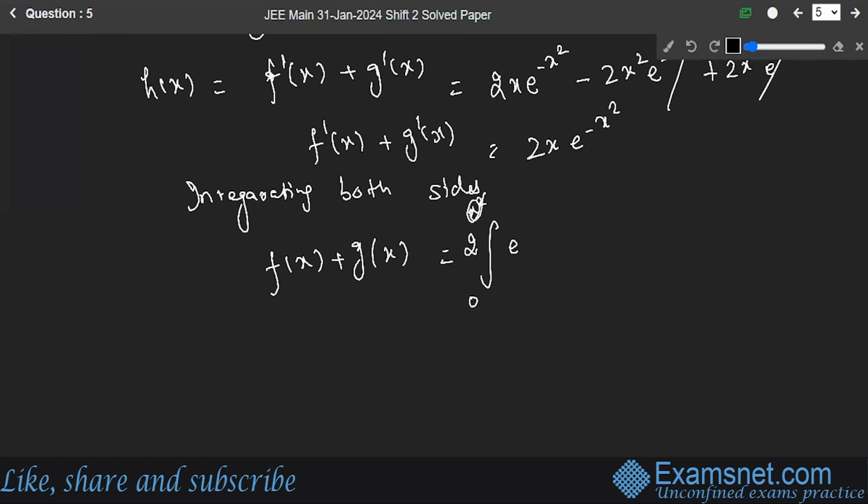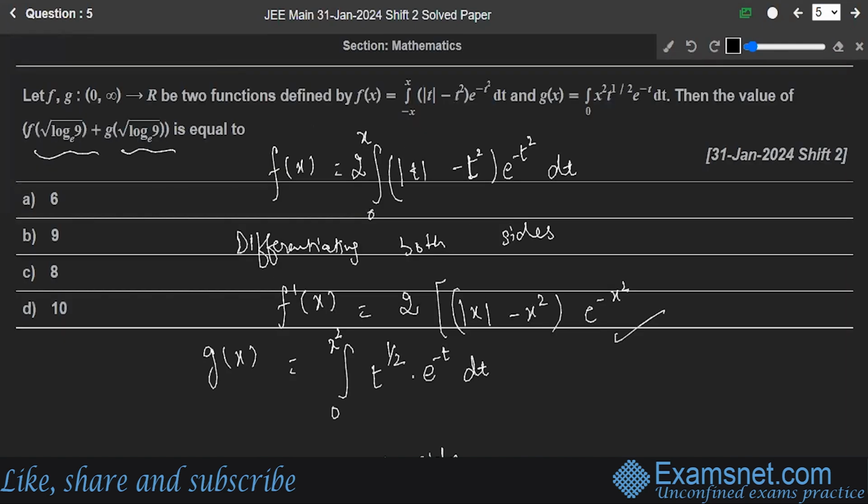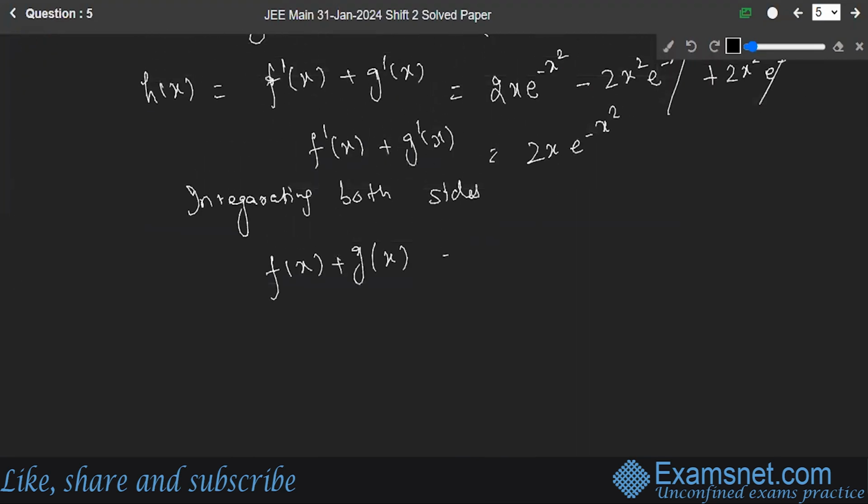Let's say some other variable over here. This will be integral of 0 to some other variable alpha, 2x this.